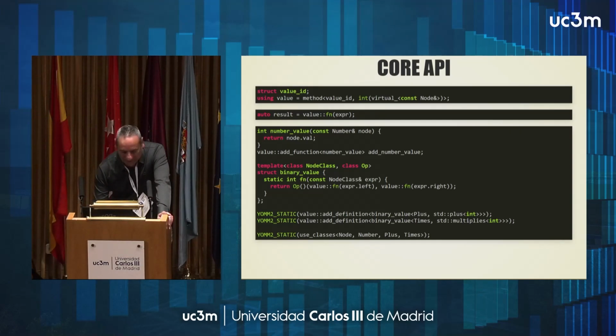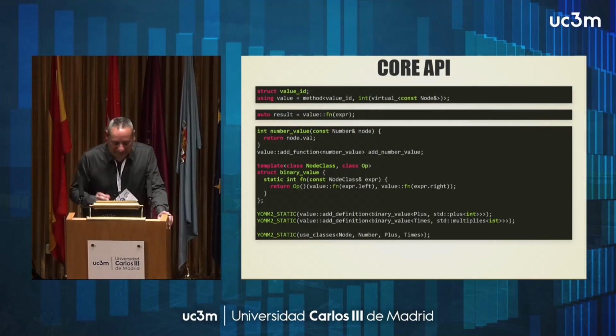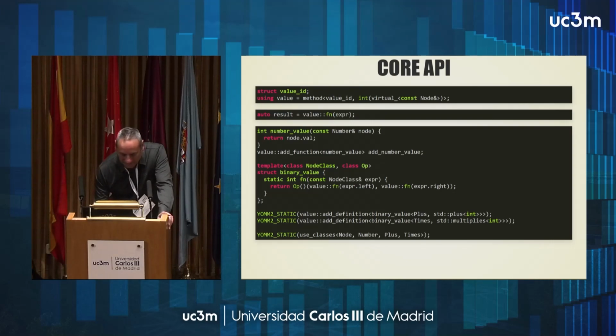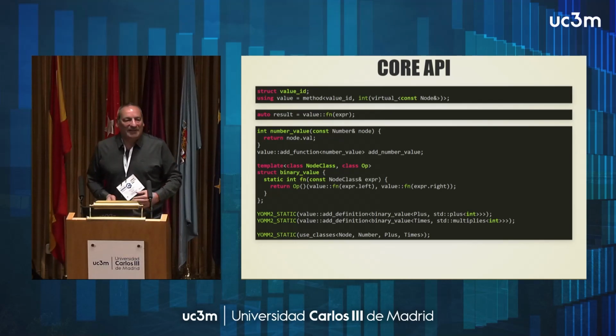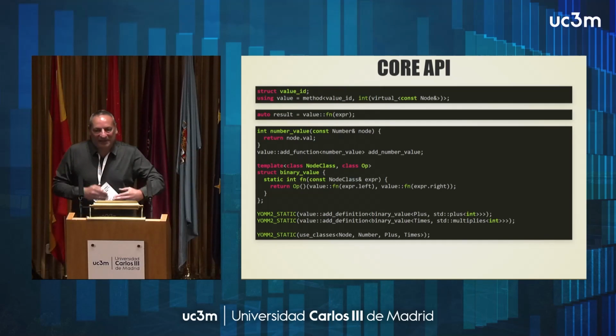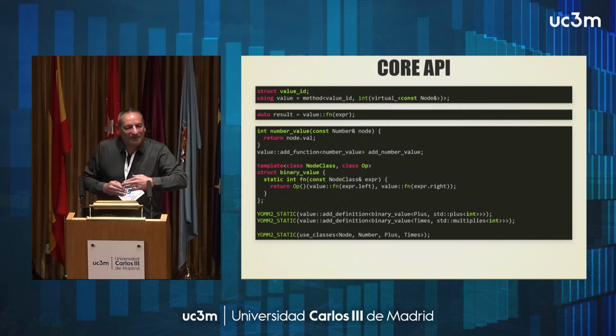And this is the value example again. You have to declare a type. You don't need to define it, just declare it, which will act as the ID of the method. And then the method, at its core, it's actually a type. This is more or less what declare method does. It uses the value ID to make it possible to have 2 different methods in the same namespace that have the same signature.